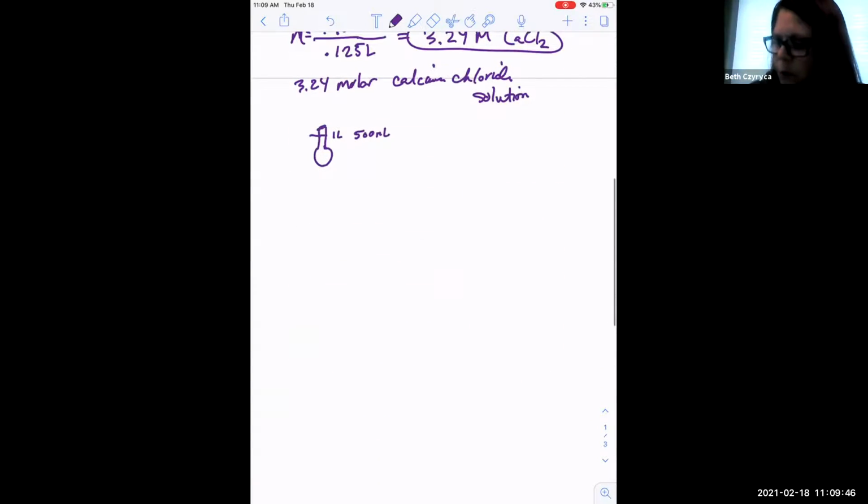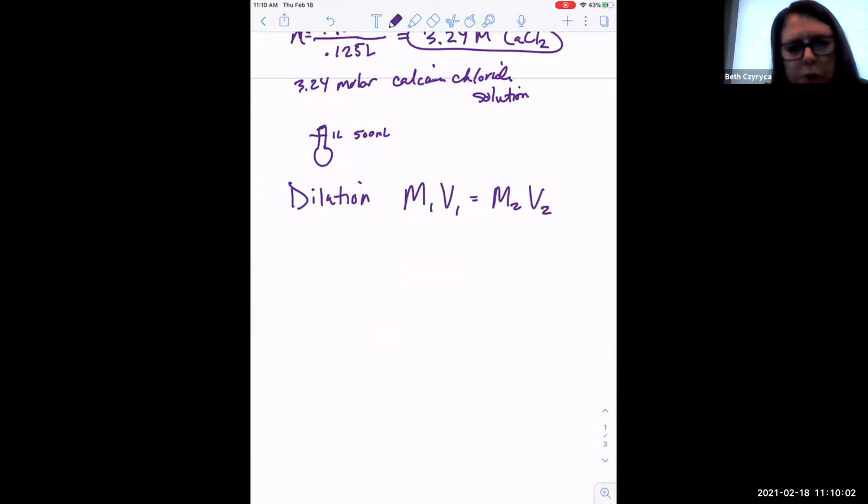Here's the equation that we're going to use for a dilution problem. M1, V1, so molarity and volume, equals M2, V2. So we'll have two sets. So we're going to take maybe a strong solution.